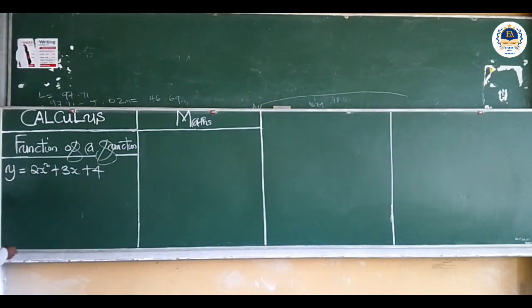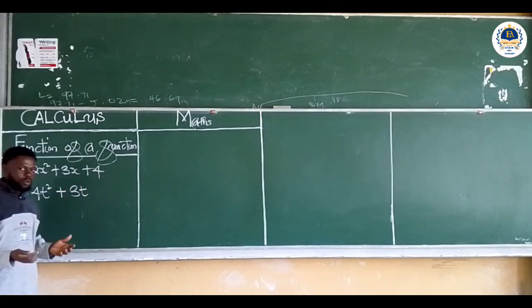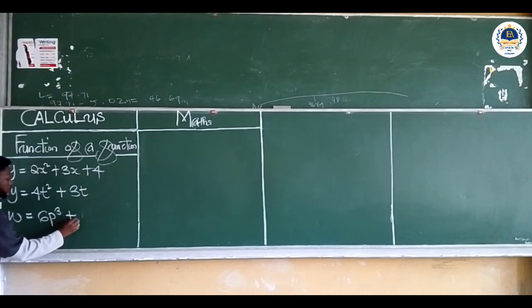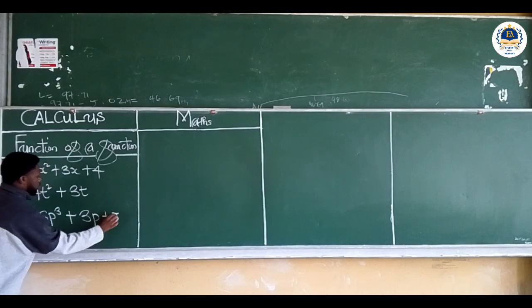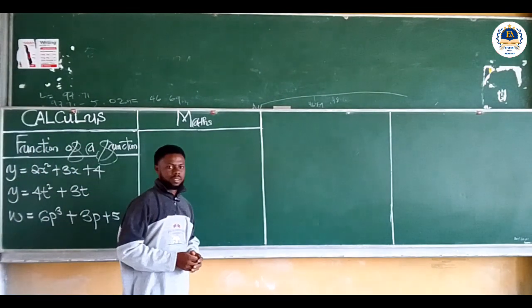Another example is y is equal to 4t squared plus 3t. Another example of a function is w is equal to 6p cubed plus 3p plus 5. All these are examples of function in mathematics.